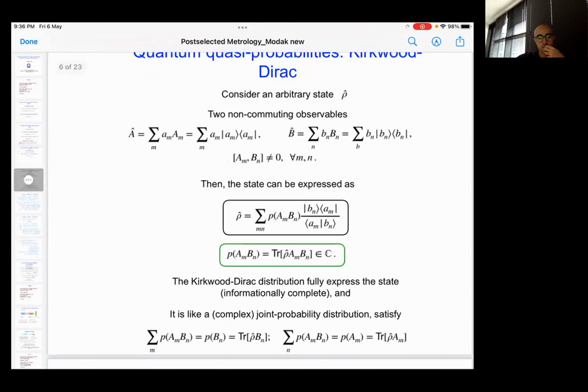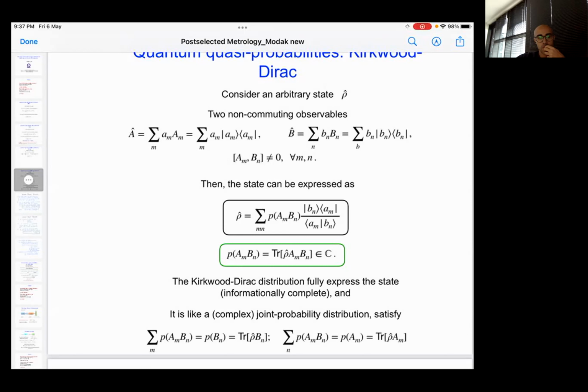Now, keeping this condition attached, he showed that any state rho can be expressed as a sum over m, n of p_mn times the outer product |B_n><m|, divided by the inner product <m|B_n>. In the literature, this outer product of B_n and m is known as the conditional state that you can achieve after successive projective measurements.